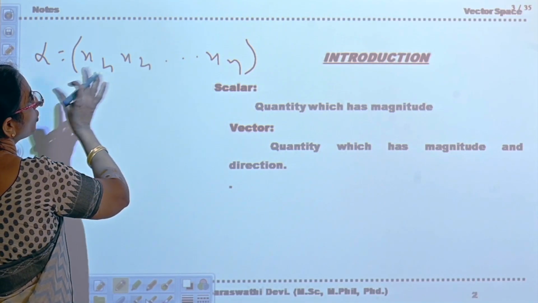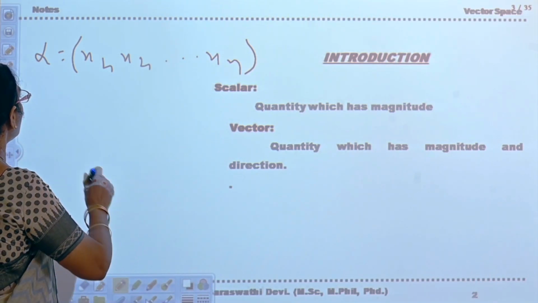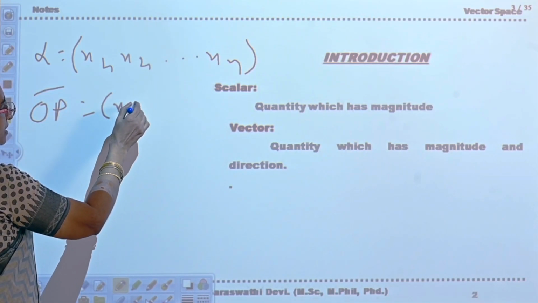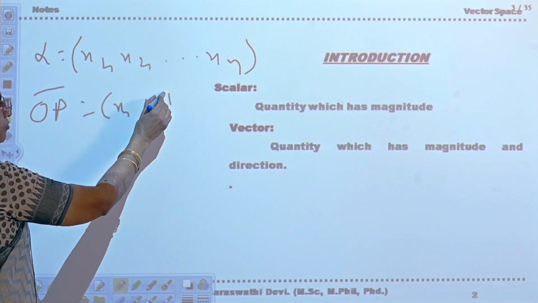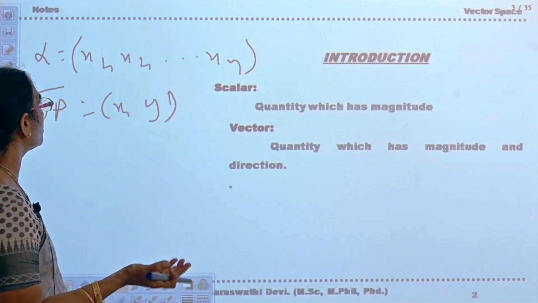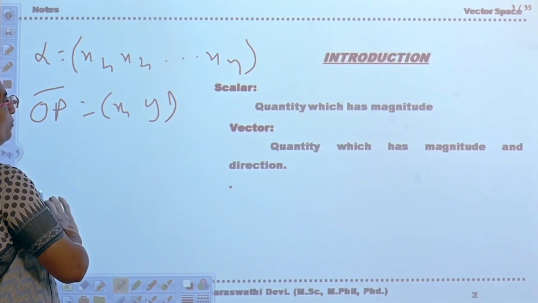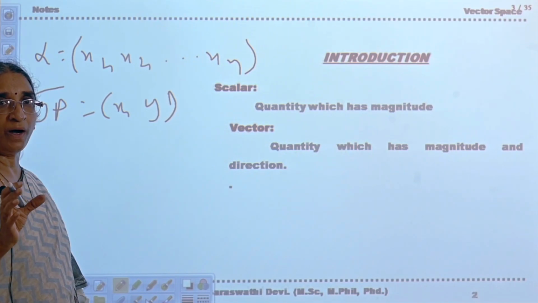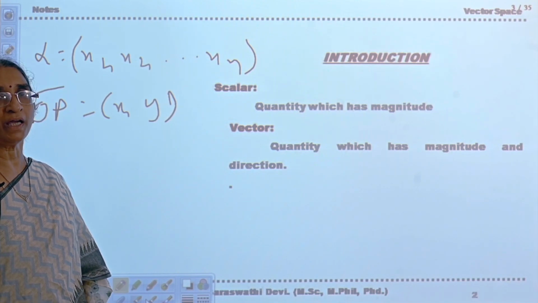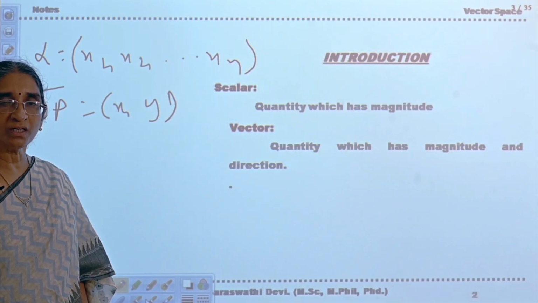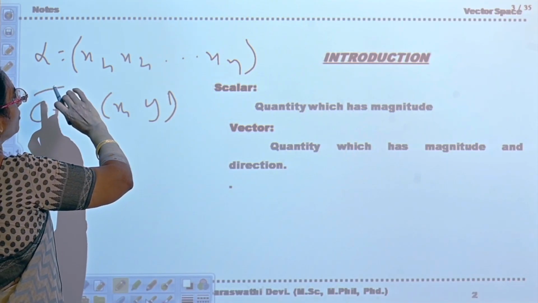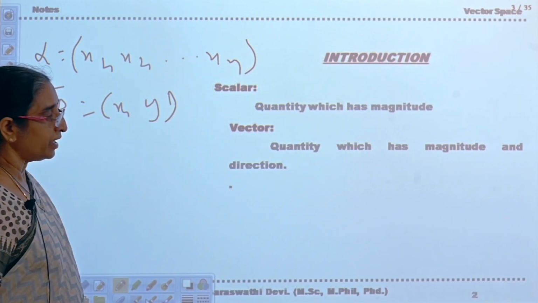This is said to be an n-dimensional vector. Previously, OP bar equal to (x, y) means x is the x coordinate and y is the y coordinate of P, and both are real numbers. In two dimensions, the vector is represented by an ordered pair; in three dimensions, by an ordered triad; and in n dimensions, alpha equal to (x1, x2, and so on up to xn).